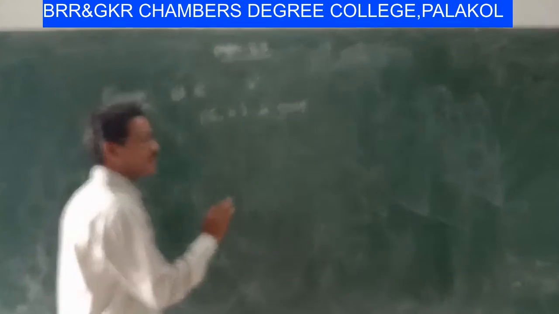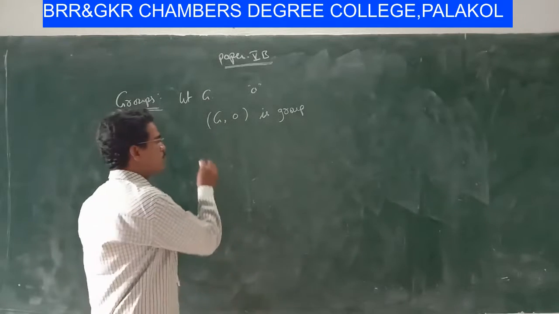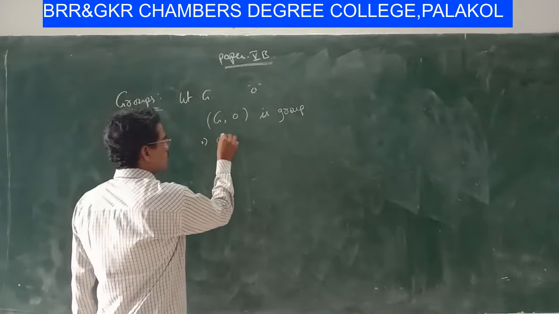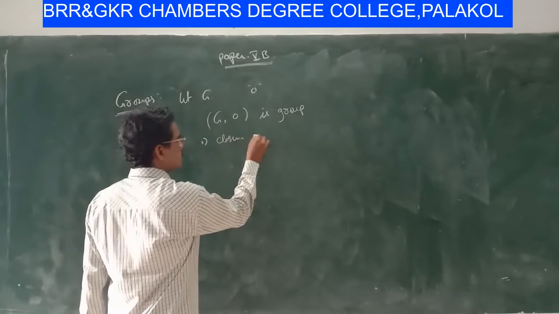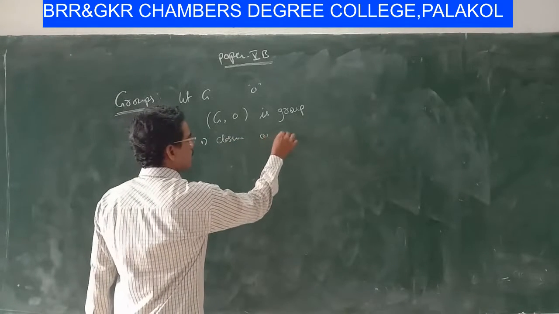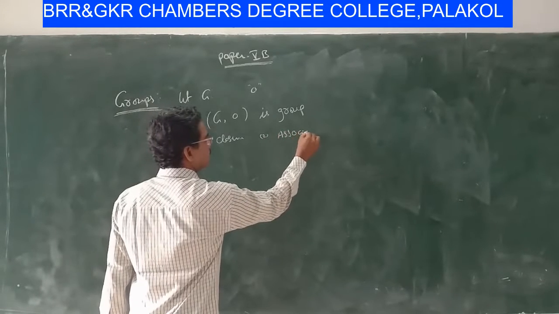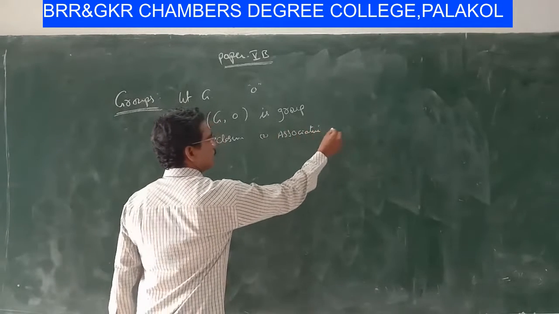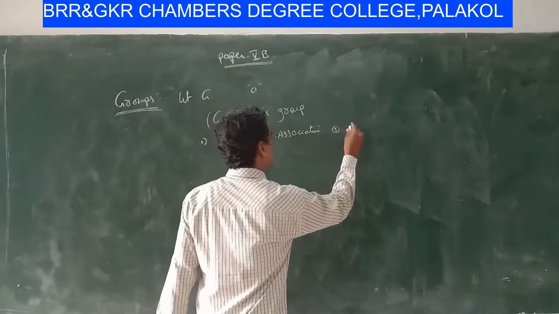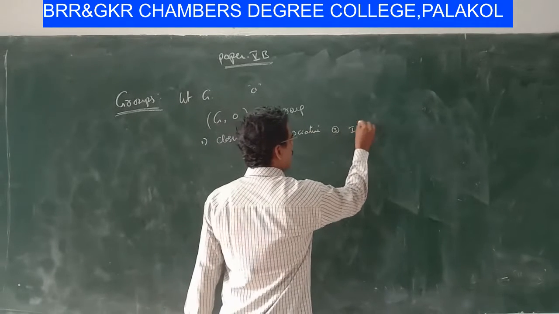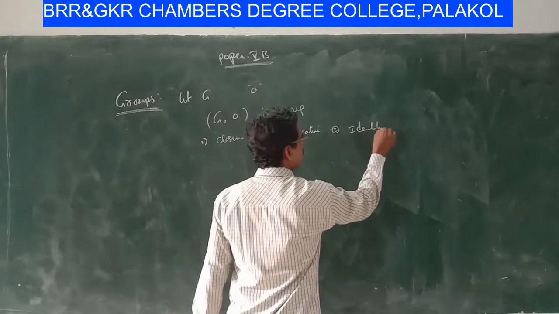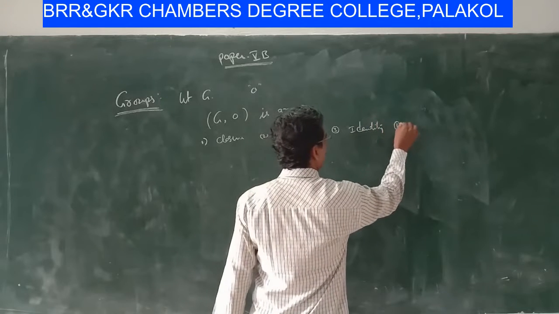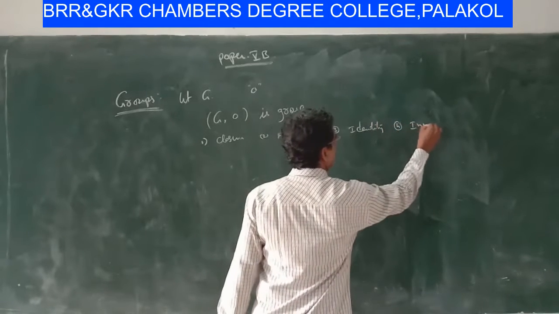if the following conditions are satisfied. First one is closure. Second, associative. Third, identity. And fourth, inverse.